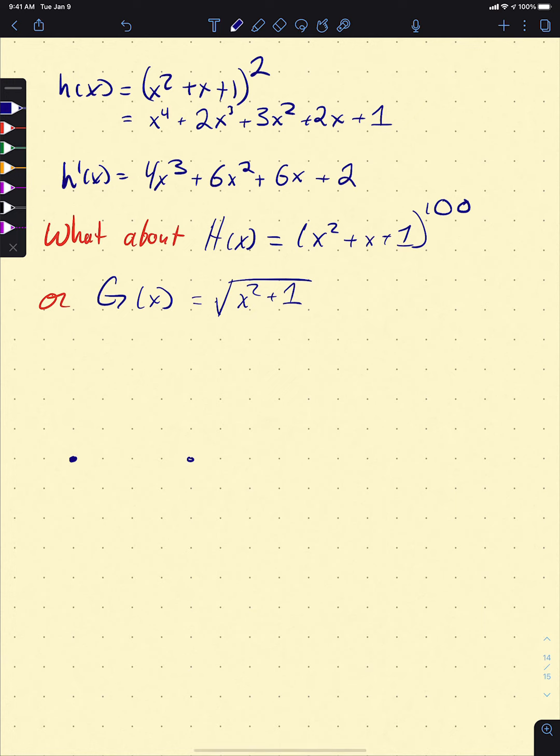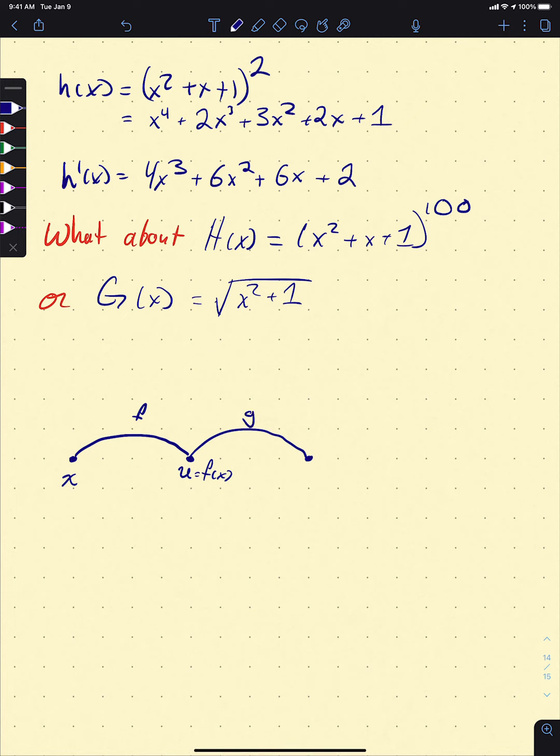And I'll draw you a little bit of a diagram. This is one that we're not going to prove. But this is what we have, right? We have some starting variable x. Maybe we apply a function f to it. We get some intermediate variable u equal to f of x.